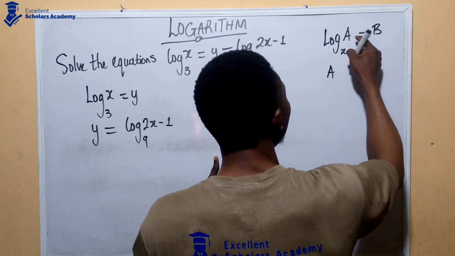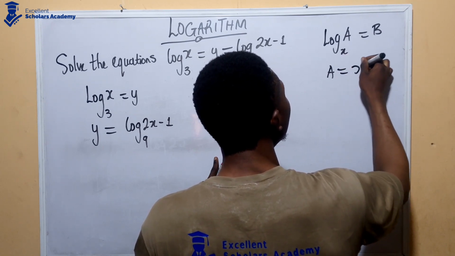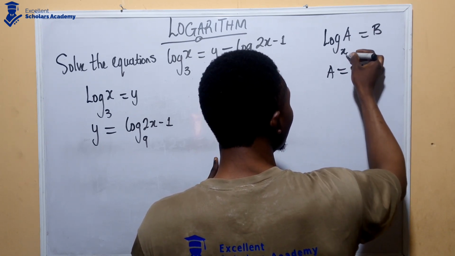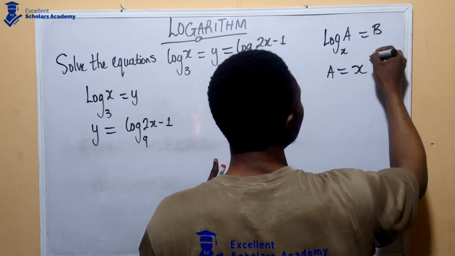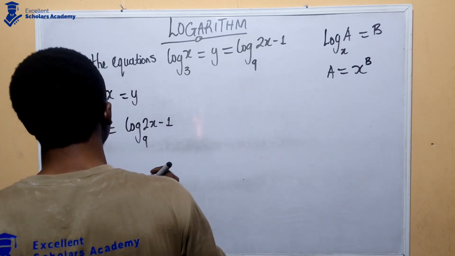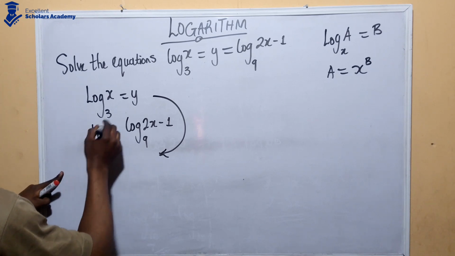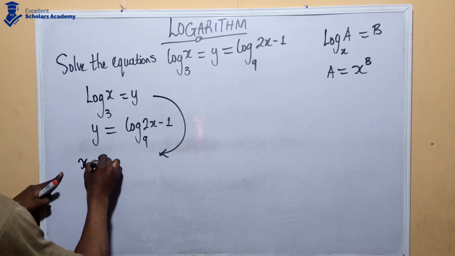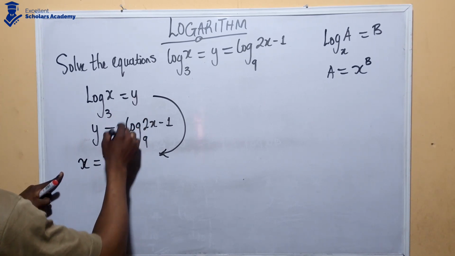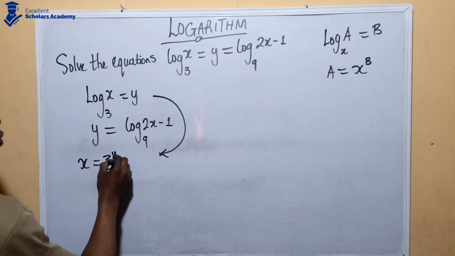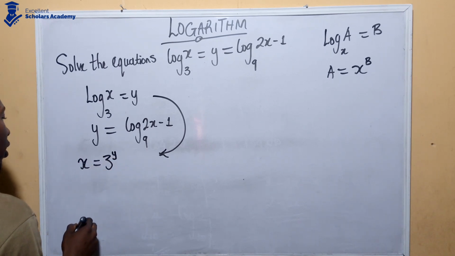Then what is here is going to be equal to this base to the power of what this logarithm is equal to, which is b. So now we convert this: x is equal to 3 to the power of y.